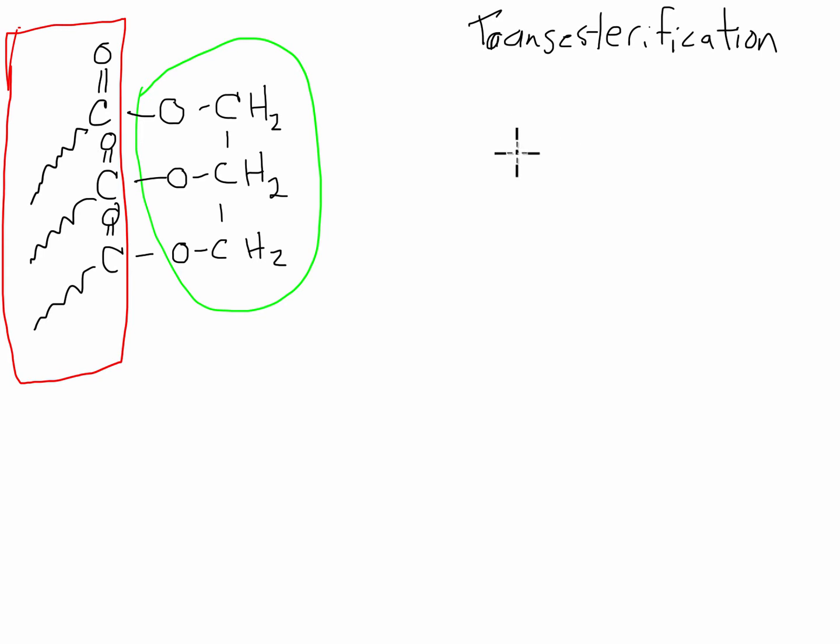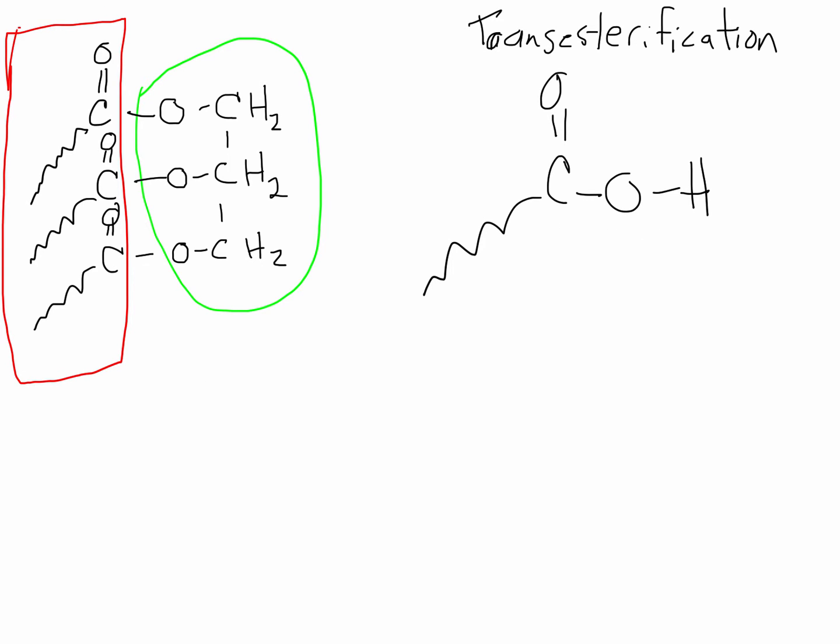Okay, but one thing we got to keep in mind is we don't really want this guy. So these little squiggles are my carbon tails. I'm just being lazy. We don't really want this fatty acid here for reasons that we can go into later.